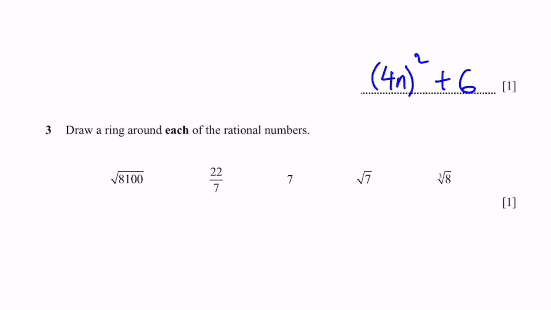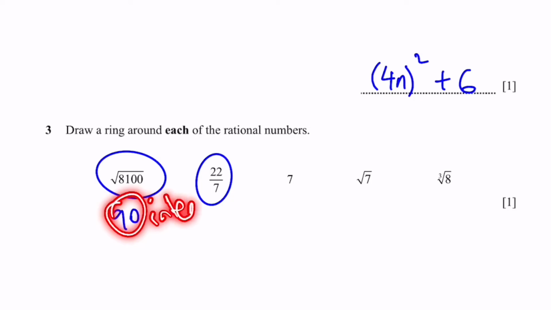Square root of 8100 is equal to 90, so this is a rational number. Next, 22 by 7, it's a fraction, so it's also a rational number. By the way, 90 is an integer, so it's rational. 7, of course, it's an integer, so it's rational.